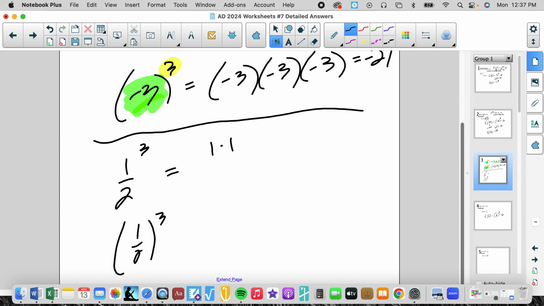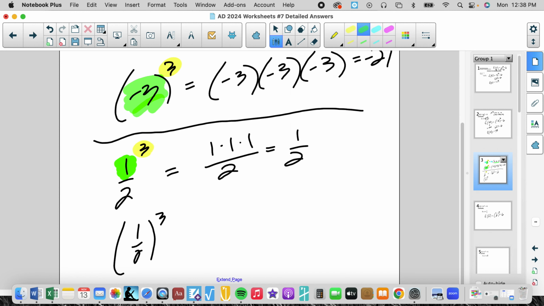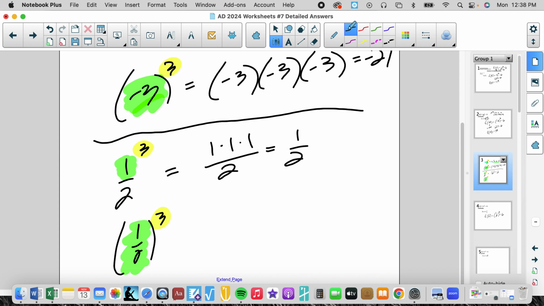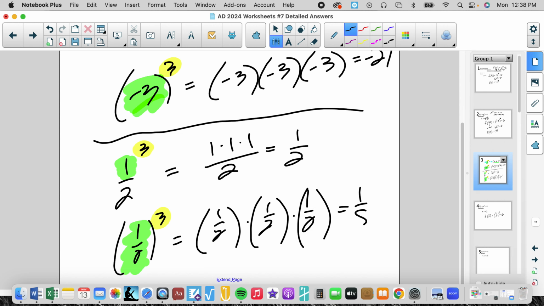This is equal to 1 times 1 times 1 over 2, or 1/2, because the exponent is 3, but the base of that exponent is only 1. So when we see it with parentheses, the exponent is 3, but the base is now both of them. So (1/2) cubed would be 1/2 times 1/2 times 1/2, which gives us 1/8.